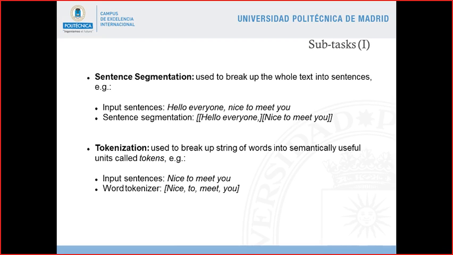It's the same as sentence segmentation, but instead of breaking up the whole string into sentences, we break it up into units called tokens. Tokens could be words or punctuation marks. So in this case, "nice to meet you" with the word tokenizer, we have nice, to, meet, and you.